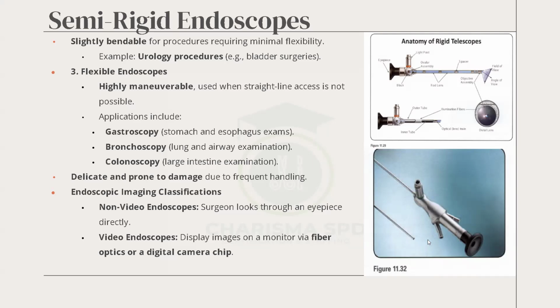We have the gastroscope, we have the bronchoscope, we have the colonoscope. Gastroscope goes into your gastro region. Bronchoscope, as the name implies. The colonoscope, the intestines, the large intestines. That's where it goes. It goes in from your behind.